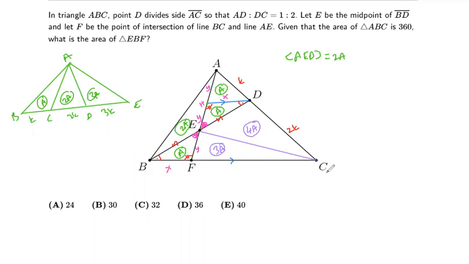Okay, so we are done with everything, I guess. So now we have 3, 4, 7, 8, 9, 10, 12. So we have the same thing, right? 12A is 360, and A has to be 30. And that is another approach.